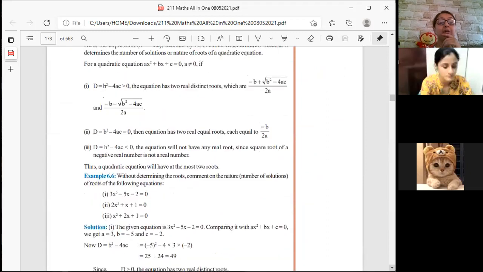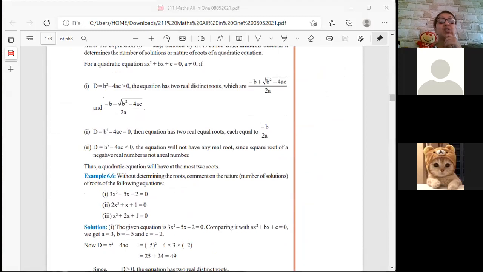See, now one very important thing you should know. Are you all paying attention? When we solve our sum, we find out the determinant, that is b square minus 4ac. If D is equal to 0, then you will have two real equal roots.